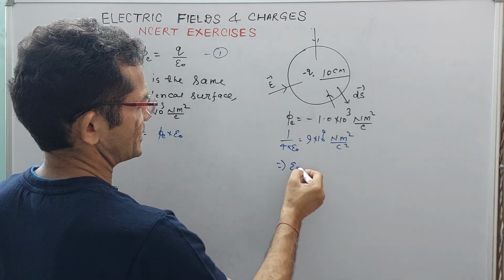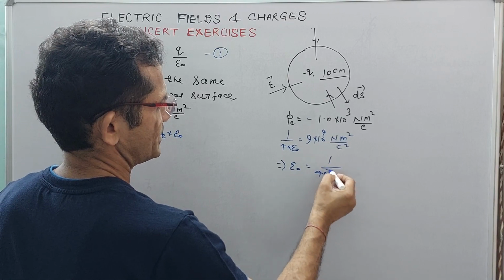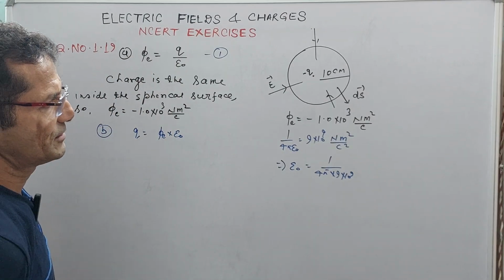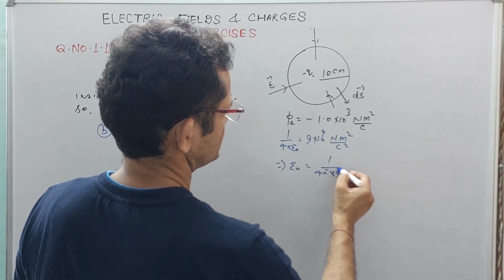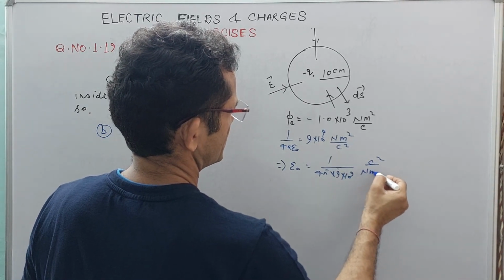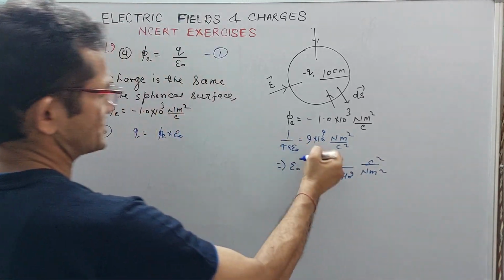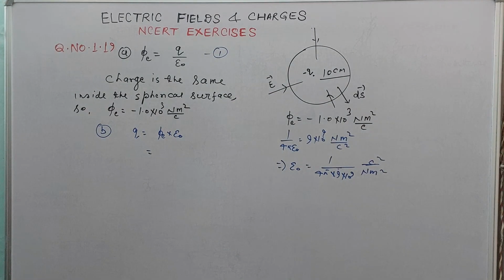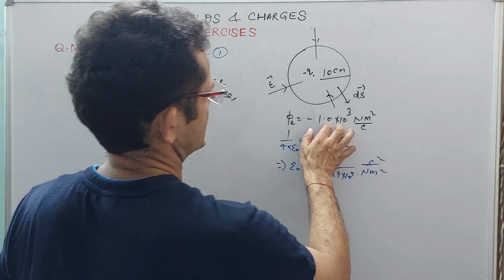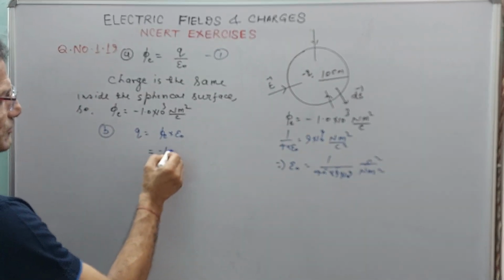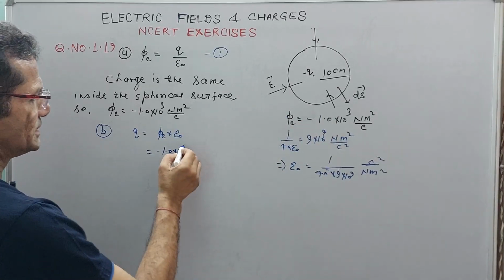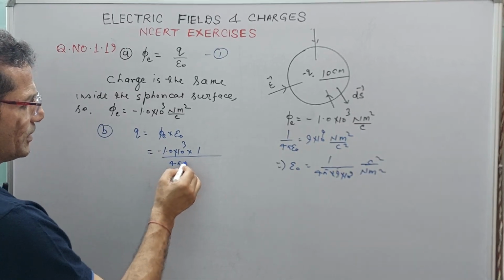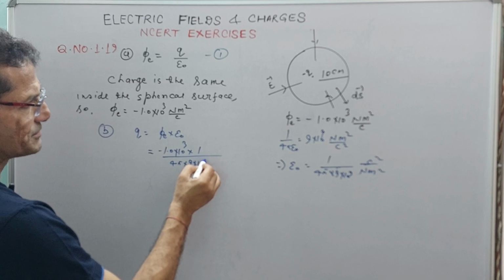We have to find epsilon naught: the 4 pi and the 9 into 10 raised to the power 9 go to this side, so epsilon naught is equal to C square upon, just an interchange. Putting the value of the electric flux with its sign, which is minus, minus 1.0 into 10 raised to the power 3, and epsilon naught has the value 1 upon 4 pi into 9 into 10 raised to the power 9.